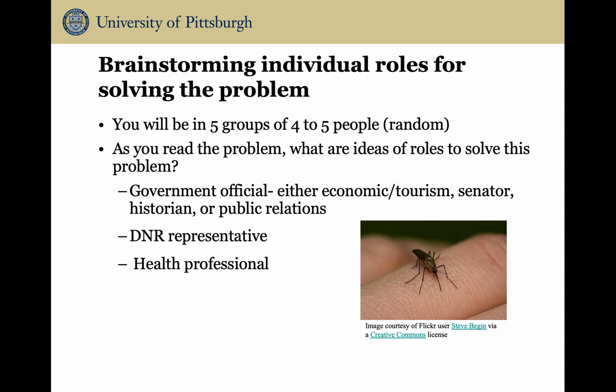Thinking about a health professional, asking a doctor about the ways in which these are transmitted and safe ways to ensure that mosquito-borne illnesses are not transmitted. Environmental agency, so thinking about the use of pesticides and in terms of our water, soil, and air quality was also a role the students had thought of. The Olympic athlete, which I thought was really fascinating.